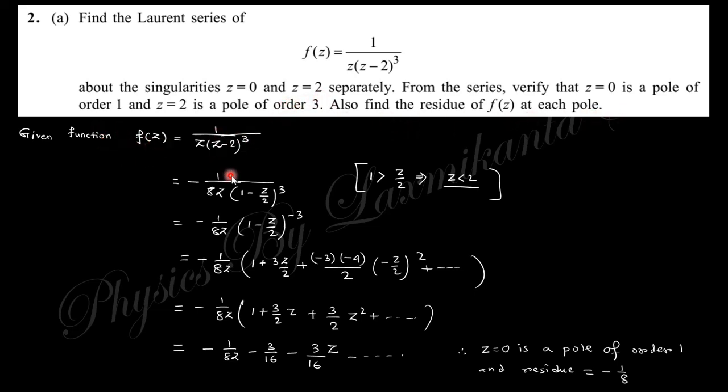So just taking this one and expanding it, taking the upper side and expanding this one, you will get this relation. At z equals 0 it is a pole of order 1, because 1 by z is the coefficient of the pole, so the residue is minus 1 by 8.